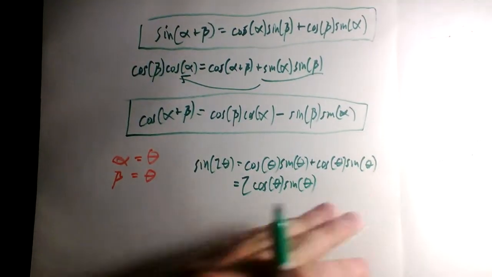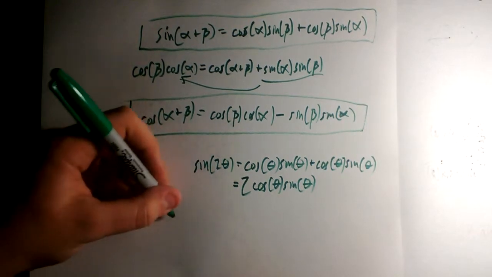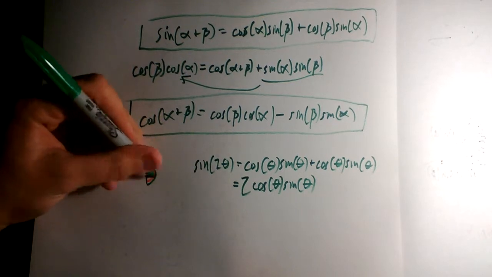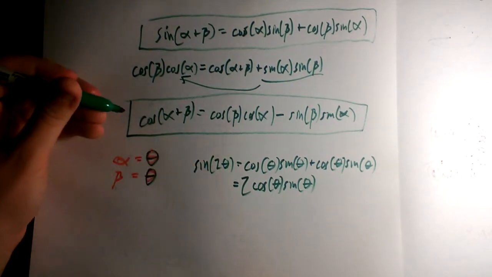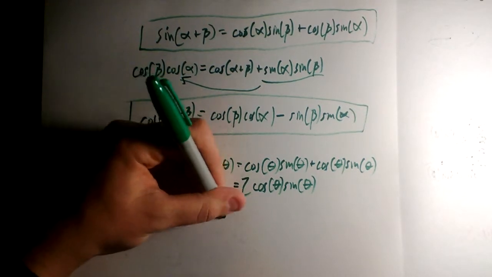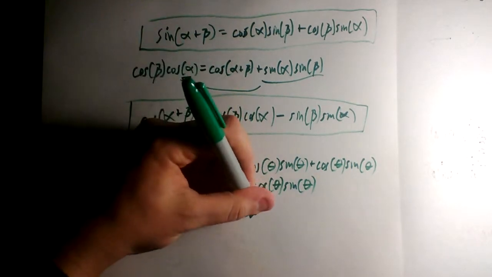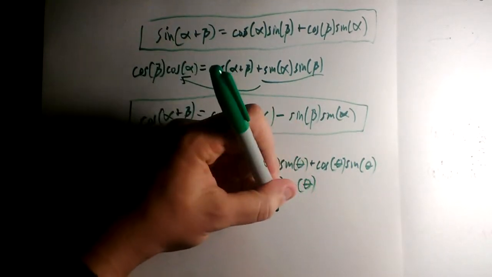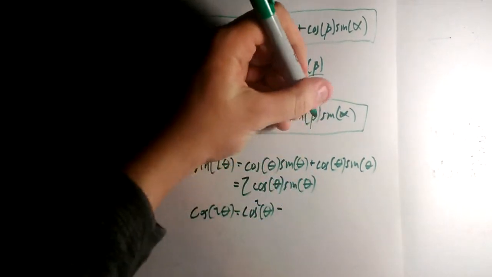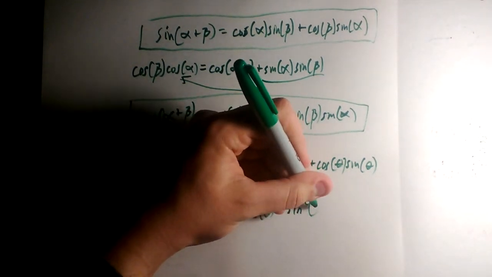Now you can expect what's going to happen on the top one, which is now the bottom one here. If you make them both the same angle, then we're going to get cosine 2 theta. Good, because that's 2 of the same angle. That's going to be equal to cosine of theta times another cosine of theta, that's the same as cosine squared, and then sine of theta times sine of theta, which is the same as sine squared theta.